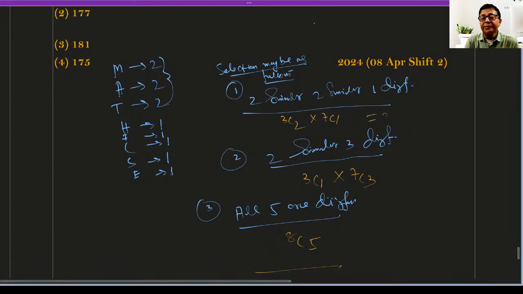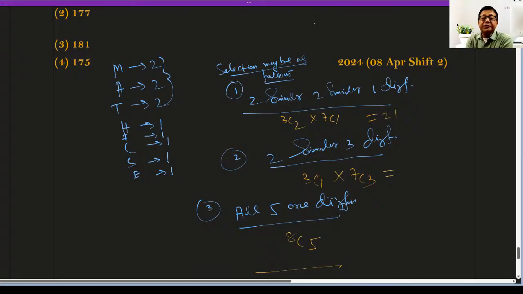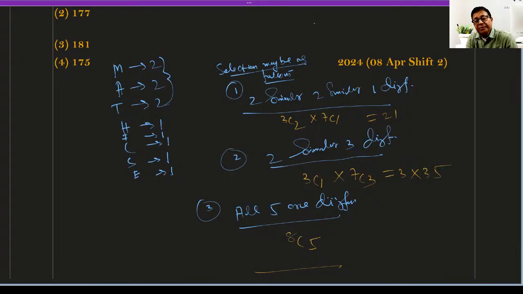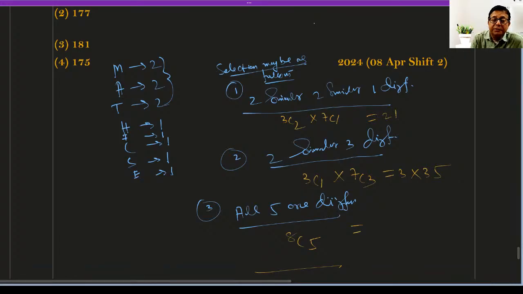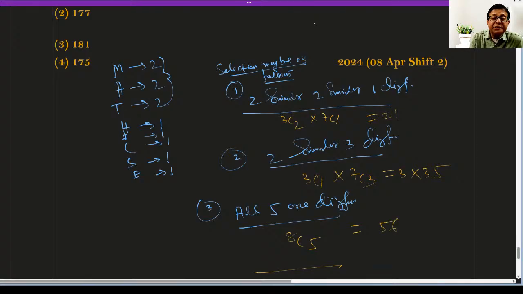So this is going to be 21, 7C3 is 35, 8C5 is 56.